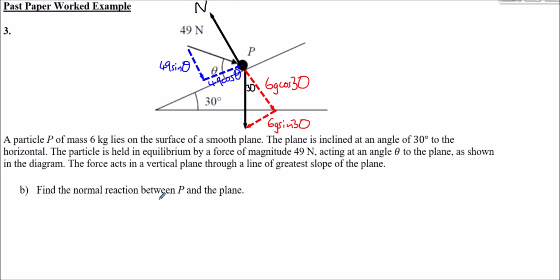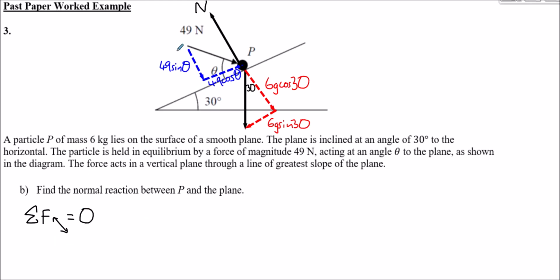So for part B, finding this normal reaction, we need to think about forces going perpendicular to the slope. So the sum of forces in this direction will be balanced.